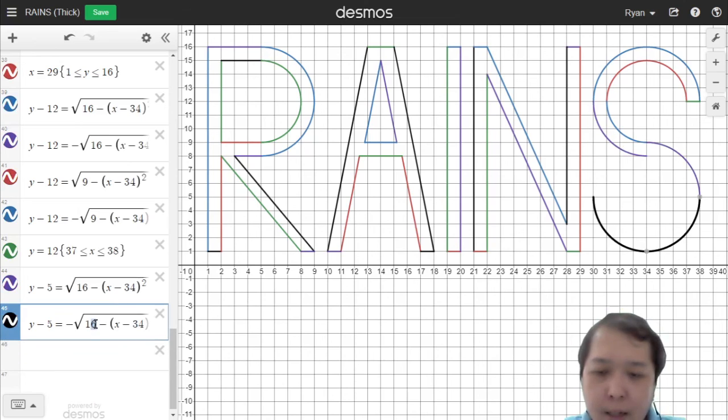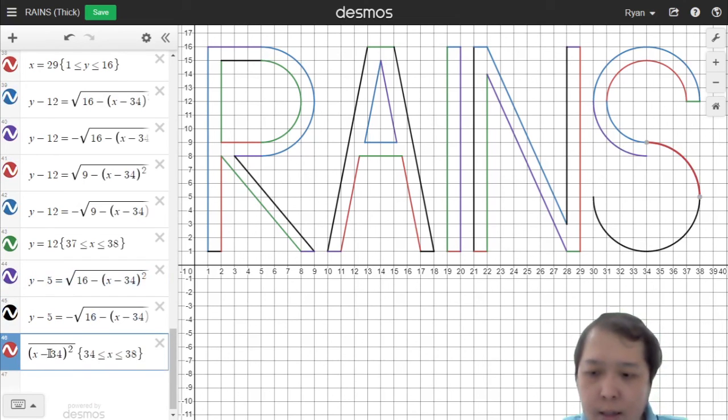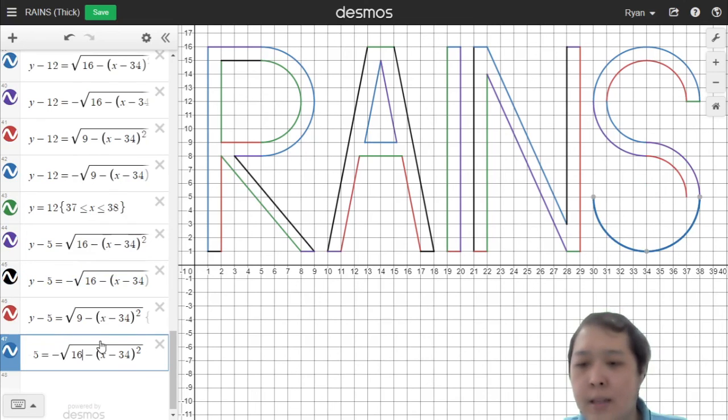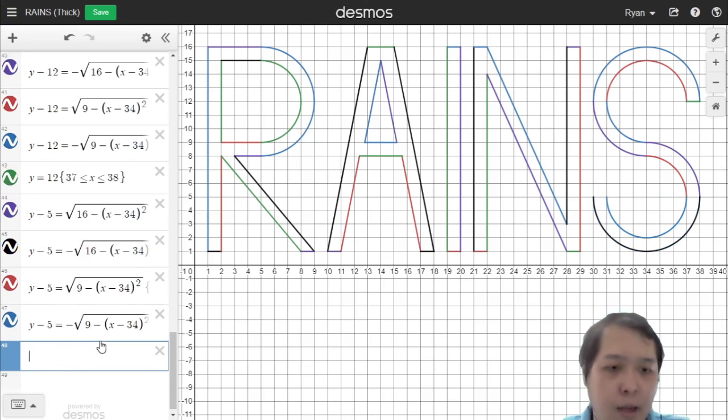And now the inner part, this one, but the radius is 3, same center. Boom, yes. And this one, same, but the radius is also 3, the inner part. Almost done.